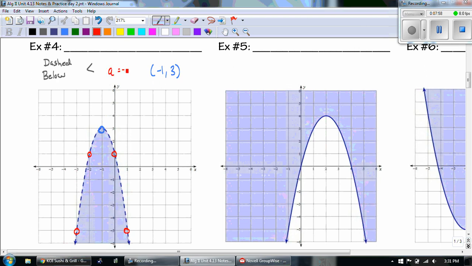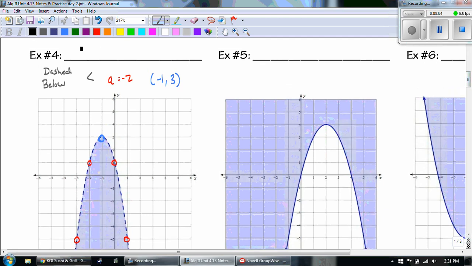So that's our negative 2 pattern. So we have f of x is less than negative 2(x plus 1) squared plus 3. Don't forget the square.